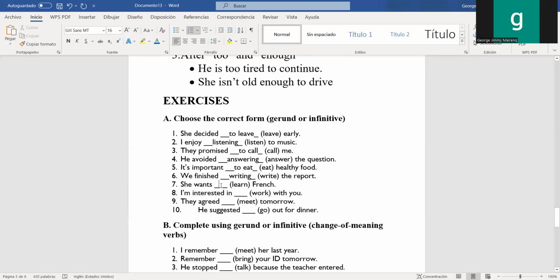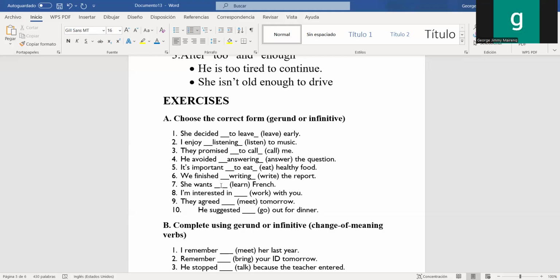Let me tell you regarding sentences number five and six, folks. There are some verbs that we can use with infinitive or gerund form, with no changes, right? No changes for this. One example of these verbs is to begin or to start.